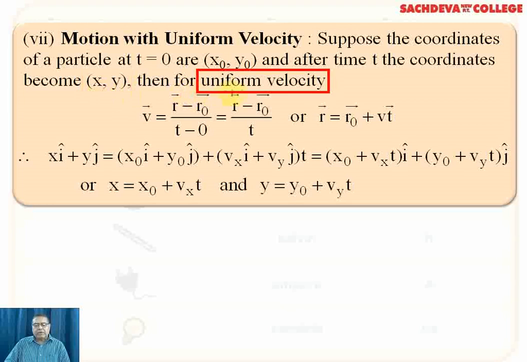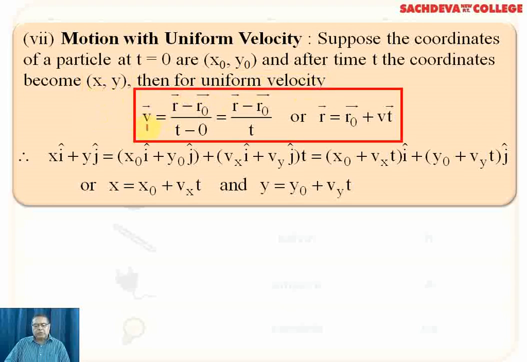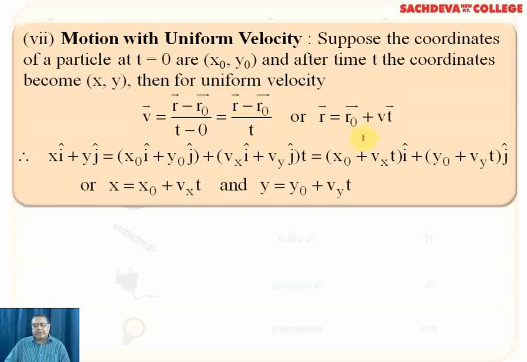Then for uniform velocity, v is equal to the difference of the two position vectors divided by the difference of the two times. So it is (r - r0)/(t - 0), which is equal to (r - r0)/t, or r = r0 + vt. This equation is quite similar to v = u + at.